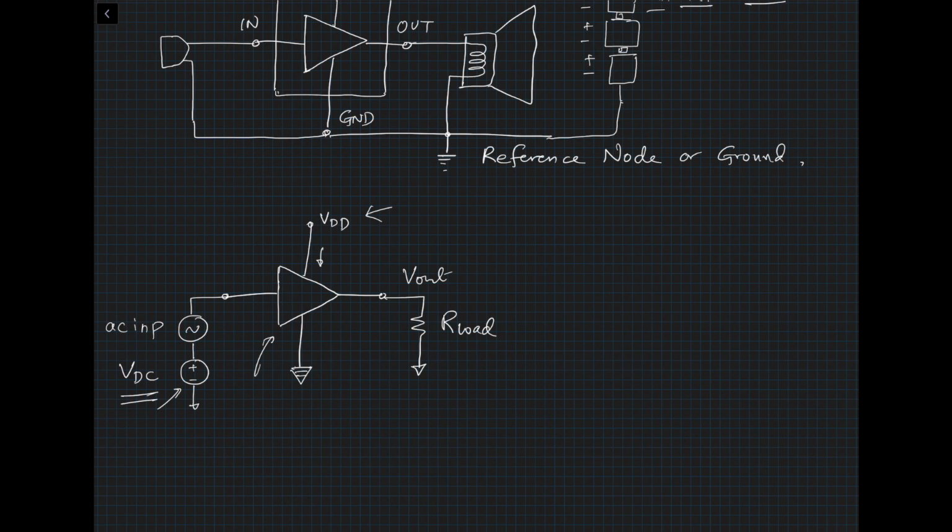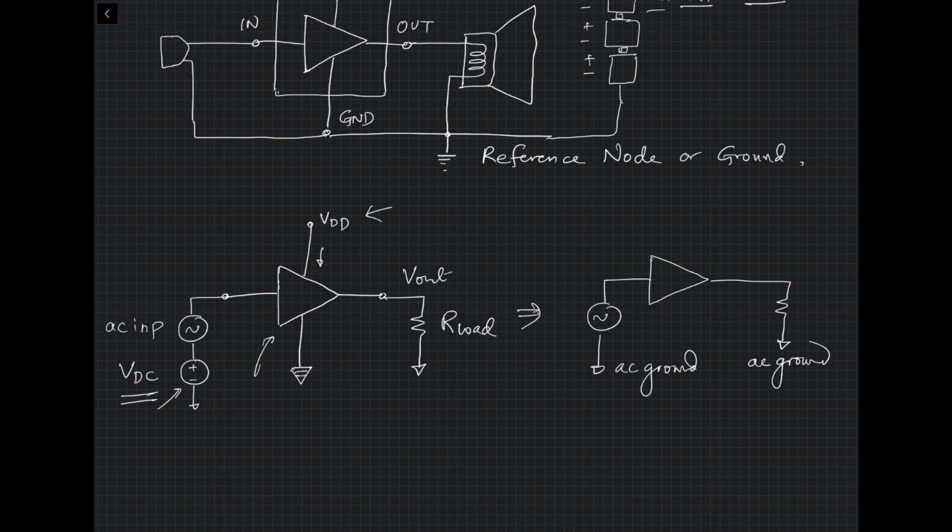I'm going to repeat this over and over again. So first shot, if you don't get it, that's okay. From this circuit, you would do a simplified AC analysis. So this would be your AC analysis. This is AC ground, and this is your amplifier, and this would be your V out.